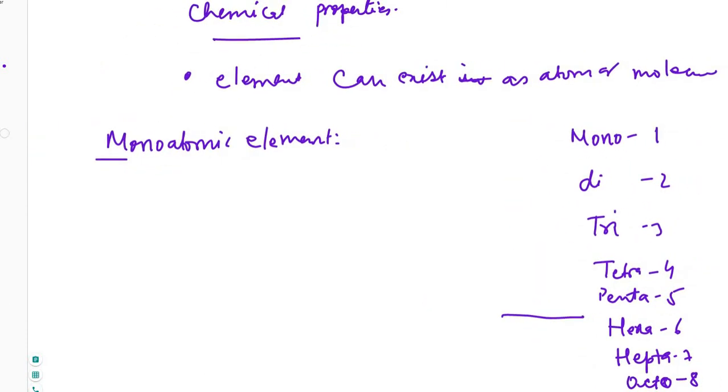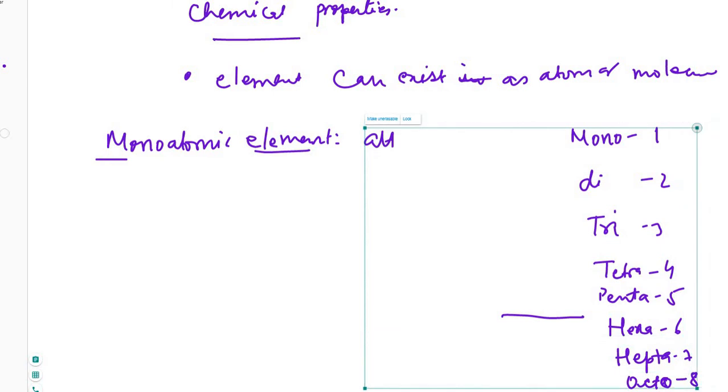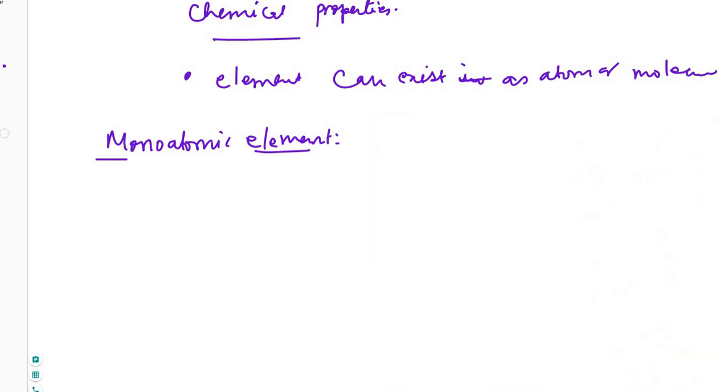So a monoatomic element, as the name suggests, is an element which is present as just a single atom. What are the examples? All inert gases. So let me delete all this page. I hope you have written already. Monoatomic element means basically present as a single atom.